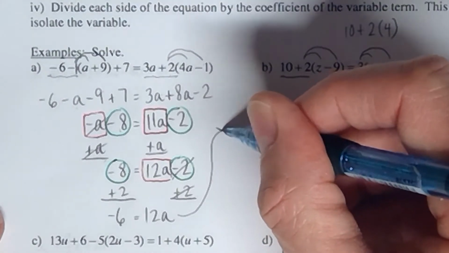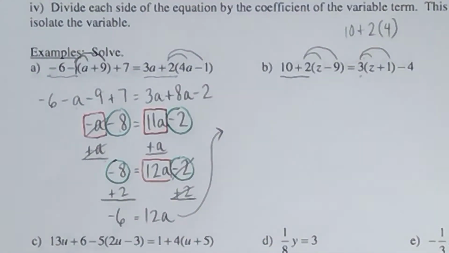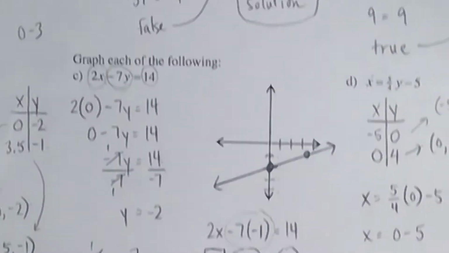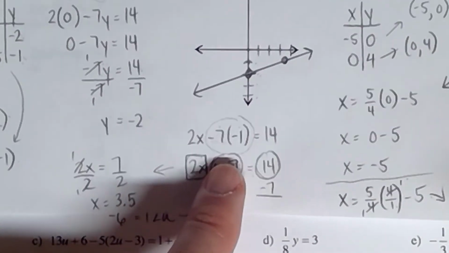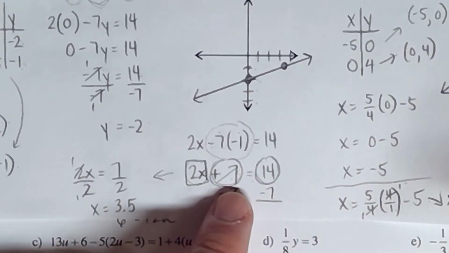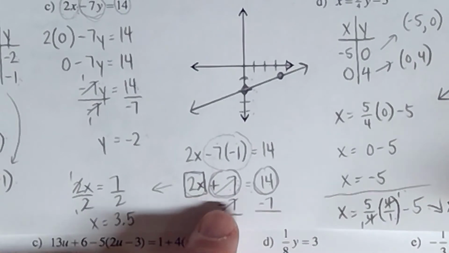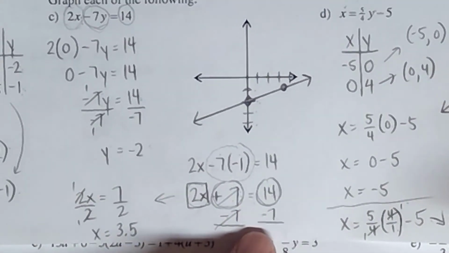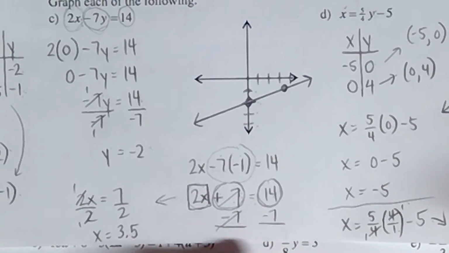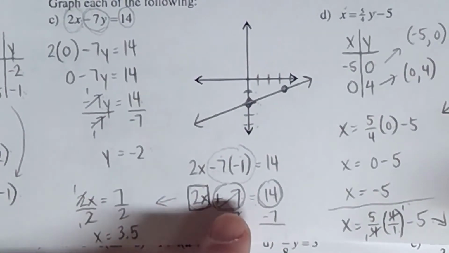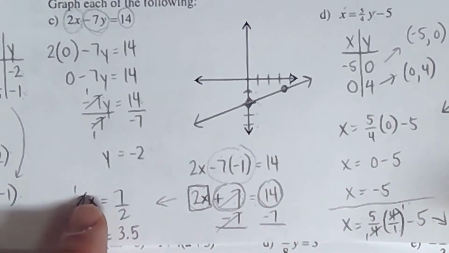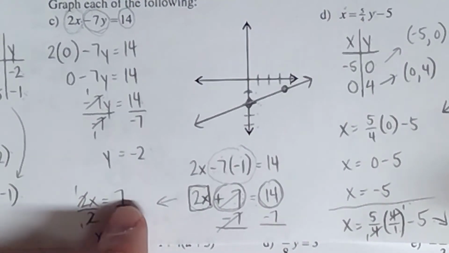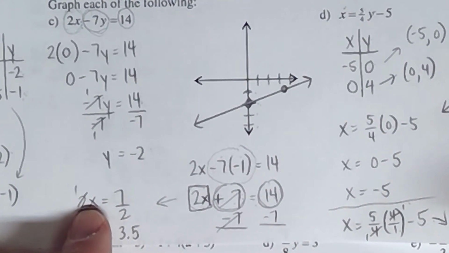And then just like I did in this problem back in chapter 4, by the way, this is from the section 4.1, 4.2 worksheet, problem C, if you want to look back at that at some point. You don't need to right now. But after I moved that 7 over the 14, I now had a single term on each side with the variable only on one side.